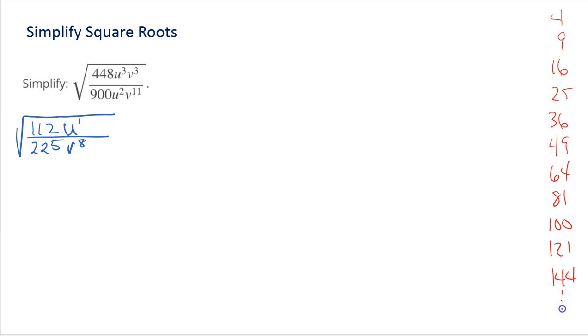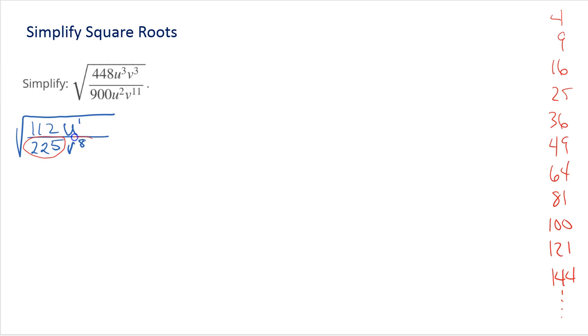You could keep the list going, but you need that. And it only took me about 15 seconds to do that, if that long. That's good to have around, although my 225 didn't land on the list, but the square root of 225 is 15. So this is a perfect square.